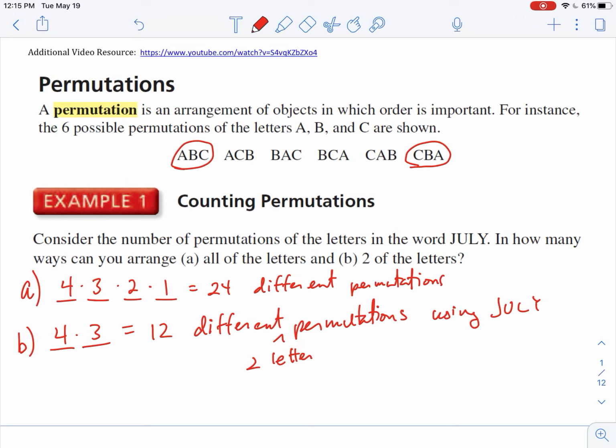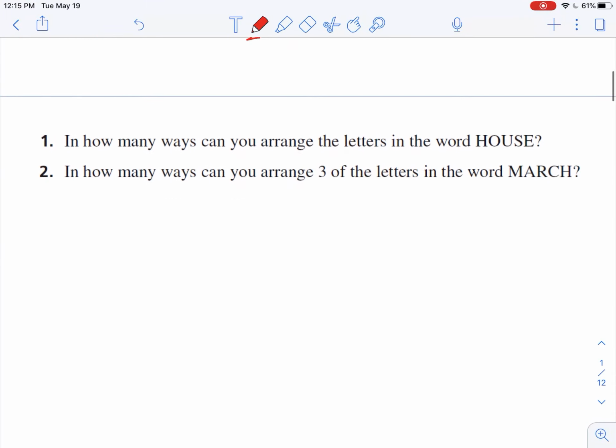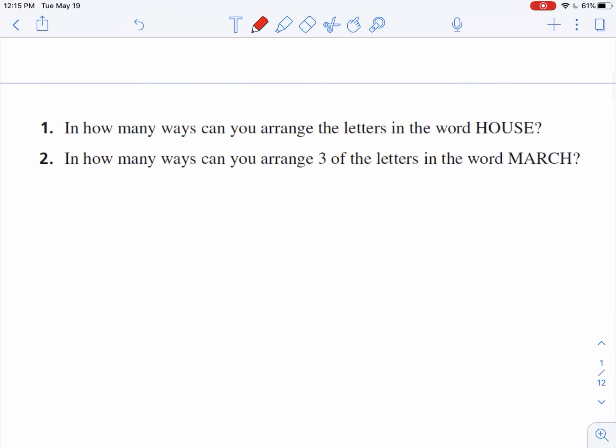Okay. Now, this idea of multiplying 4 times 3 times 2 times 1 actually has its own special kind of mathy thing, and we'll get into that. But let's see if we can take a look at problem number 1 here and make sure we understand how to apply this. This would be a good time to pause, or you can go ahead and continue to follow along if you'd like. So in how many ways can you arrange the letters in the word house? Well, in problem number 1, there are 5 letters in the word house.